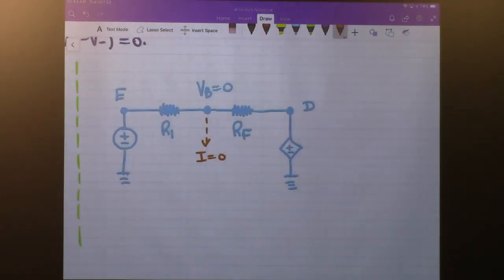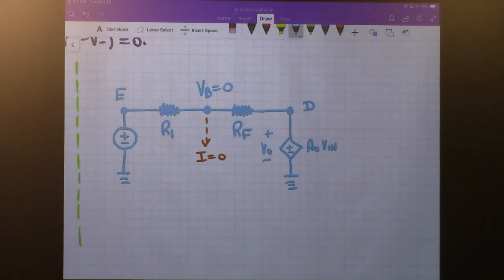And then when we redraw what's left over, it just looks like that. So what we're going to pick up next time is we're going to solve this circuit, and that'll give us the closed loop gain.